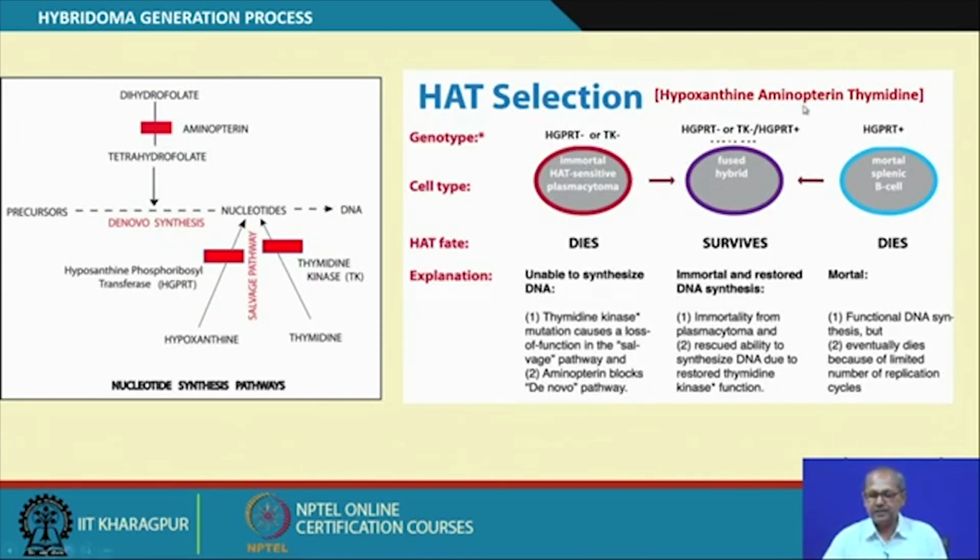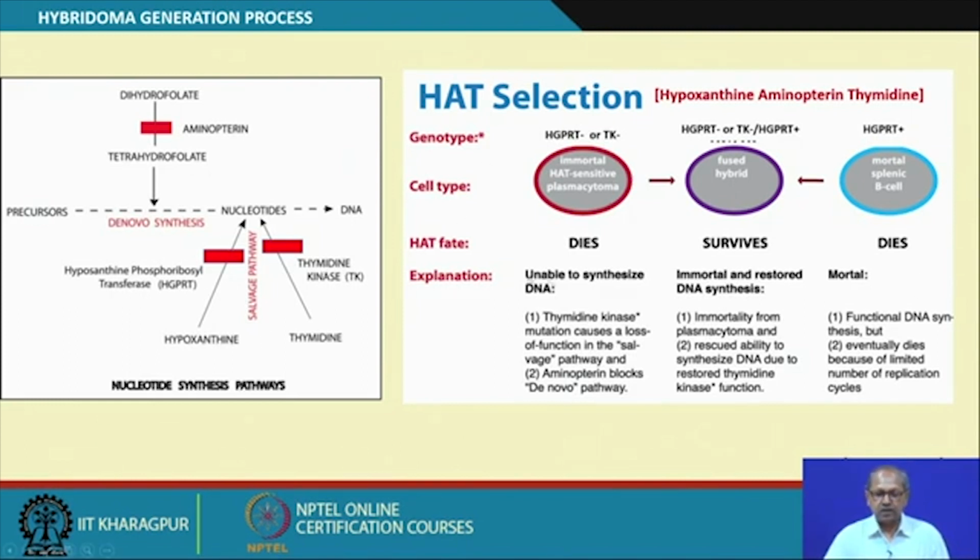Hypoxanthine, aminopterin, and thymidine. What is the function of aminopterin? It will block the dihydrofolate reductase enzyme, by which de novo synthesis is blocked, and as we are selecting myeloma cells which are HGPRT minus or thymidine kinase minus, they have already blocked the salvage pathway.